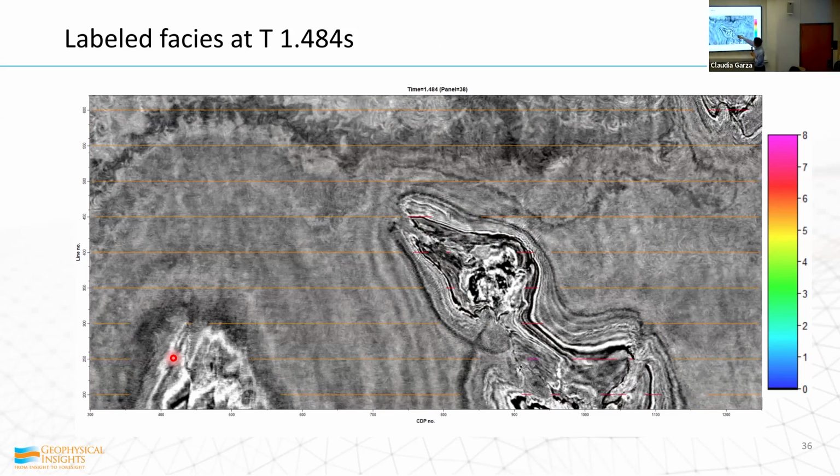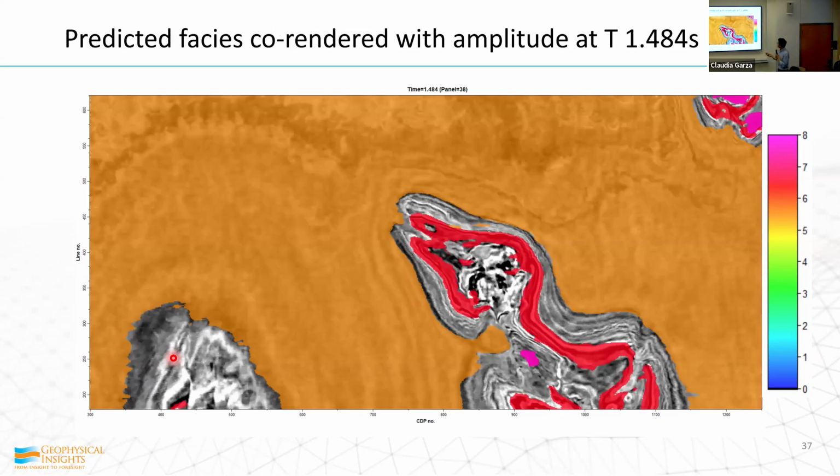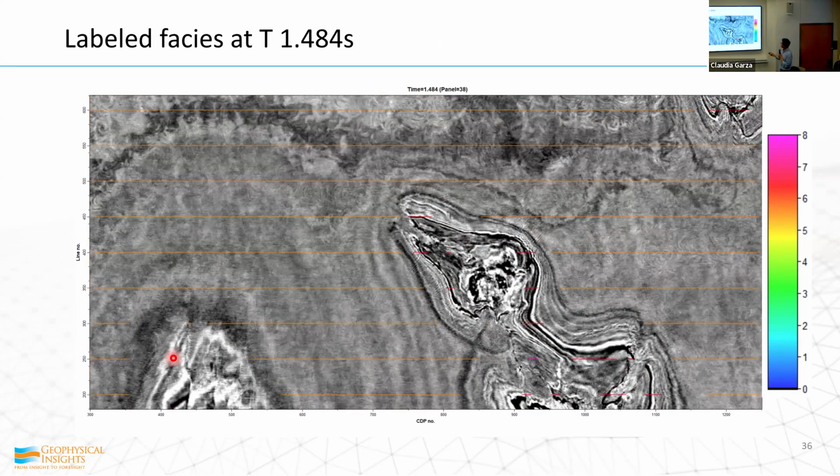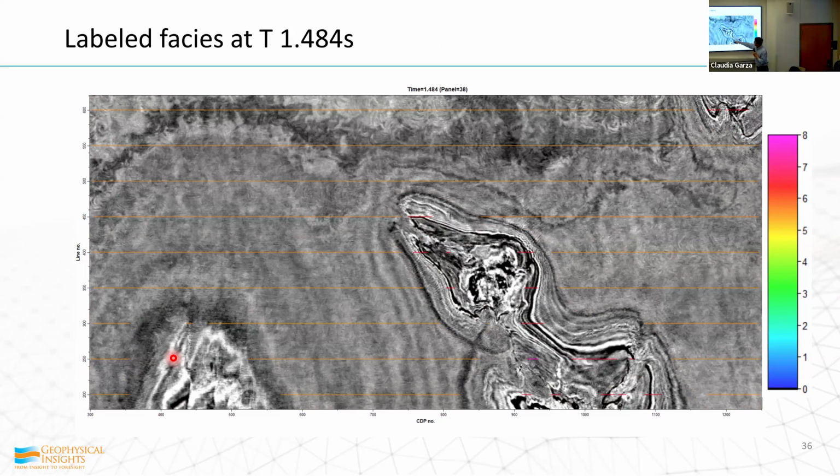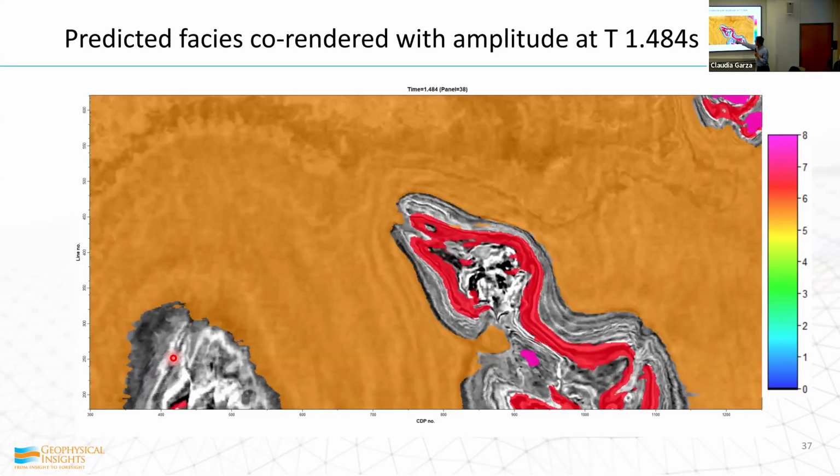Especially the edges. Let's check the edges. There's the salt dome over here. Maybe you can see here the pink dash line, and see the result, just this small area through the time slice.